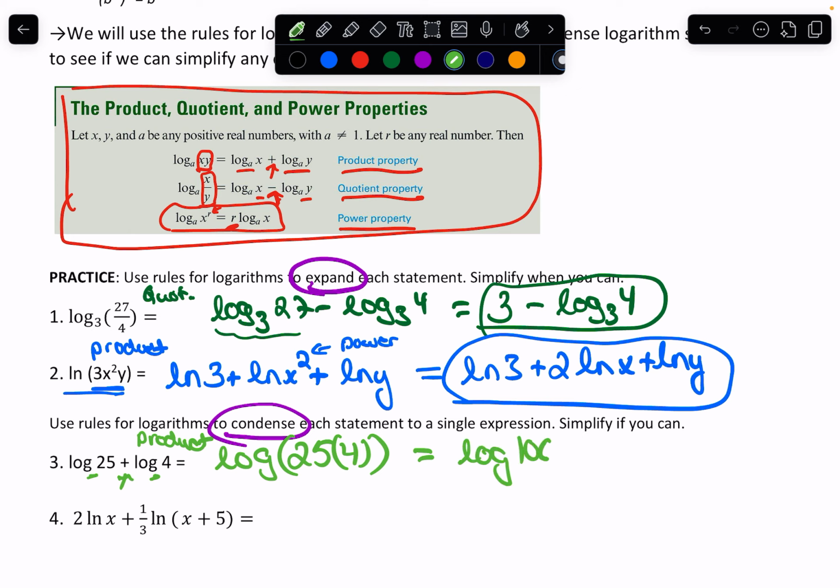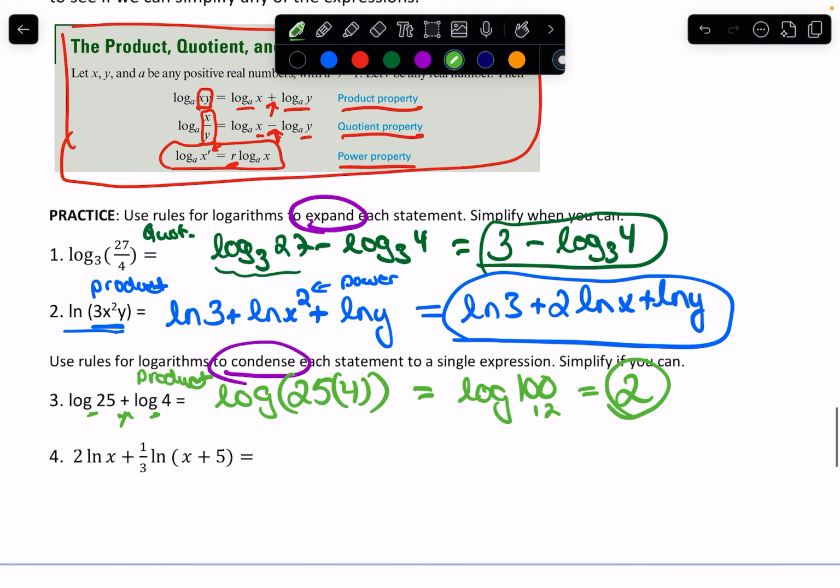Now remember that we have a common log, so the base is 10. 10 to what power is 100? We count the zeros and we get 2 as our answer. So this is why we sometimes do these. Expanding might help, and sometimes condensing might help to do these calculations.